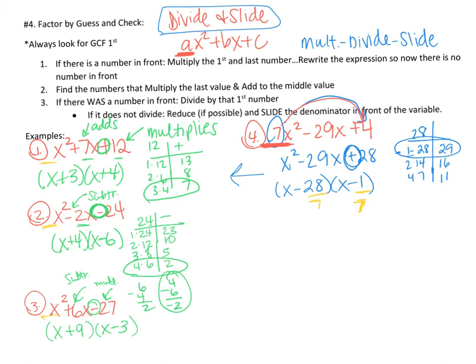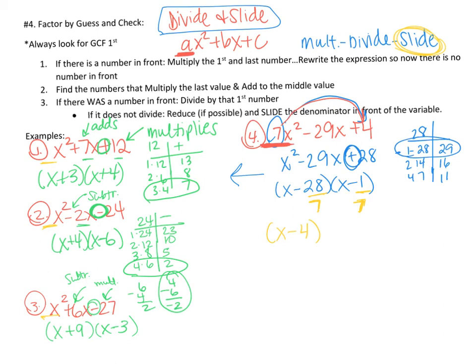When we divide them by 7, the option is either that they divide evenly or they're going to slide in front. So 28 divided by 7 is 4, and I'd get x minus 4.